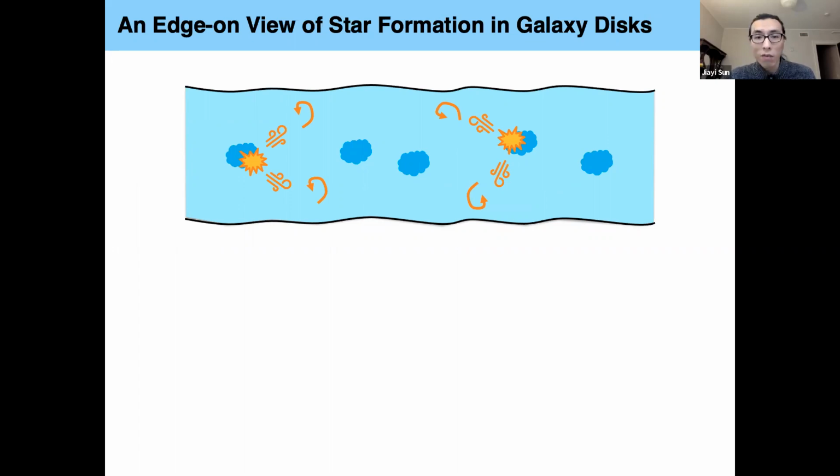This entire cycle forms a negative feedback loop. If you have a temporal star formation rate that's higher than what it's supposed to be, you inject more energy and turbulence into the ISM, which creates more support, and therefore your star formation rate drops down. So over time, the entire galaxy disk would tend to reach an equilibrium state.